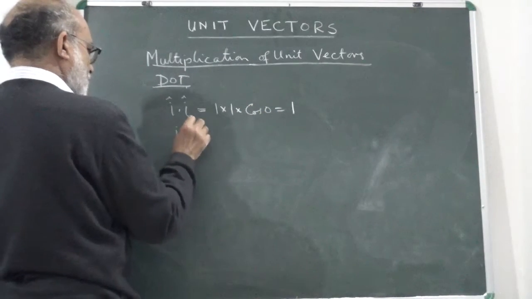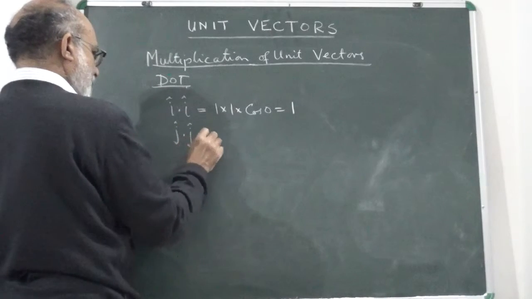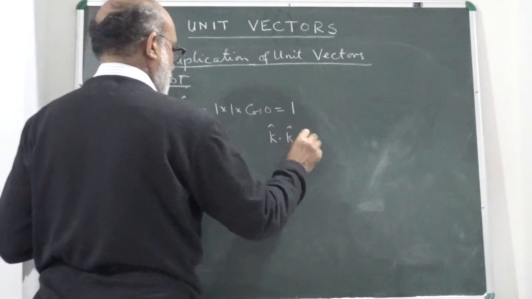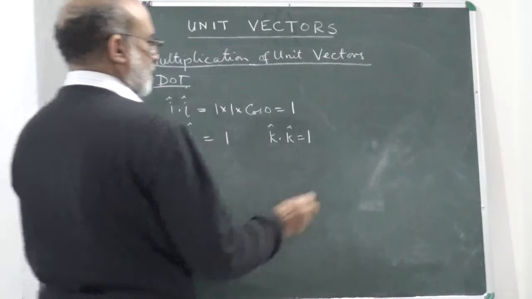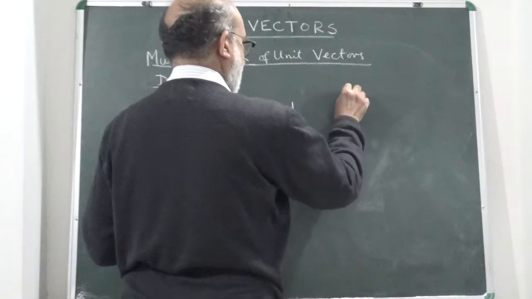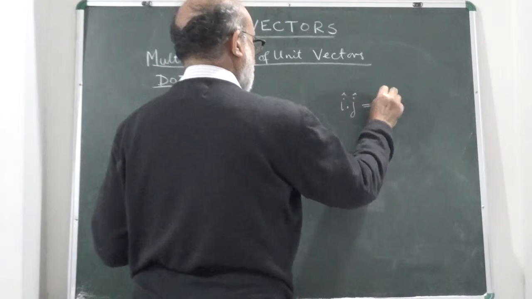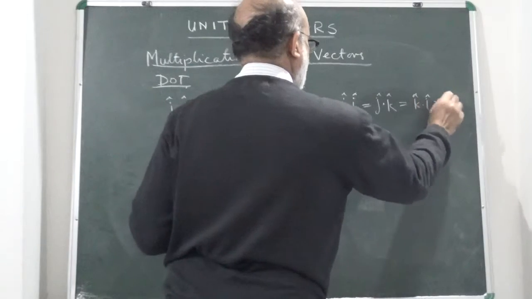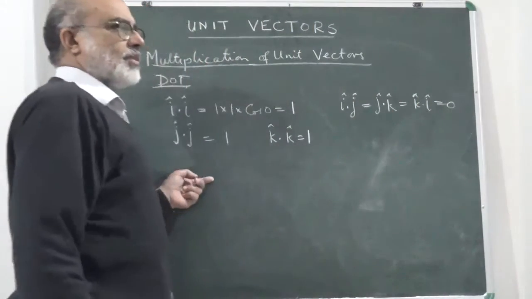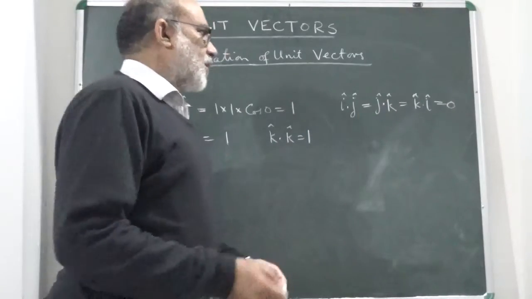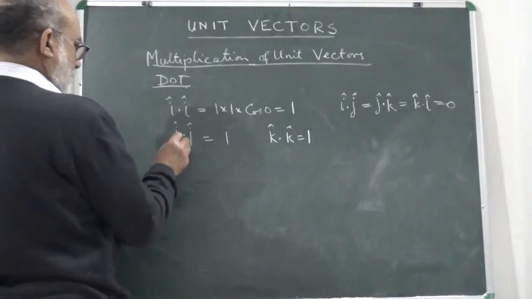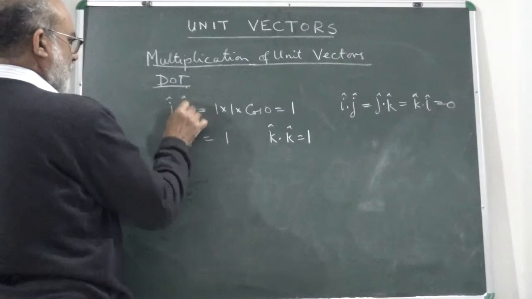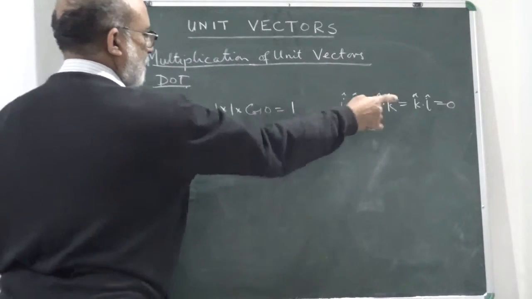So j dot j is again 1. k dot k is again 1. But i dot j, j dot k and k dot i will give you 0 because they make 90 degrees with each other and cos 90 is 0. So it's easy to remember: the dot product of the same unit vectors gives you 1 and different ones give you 0.